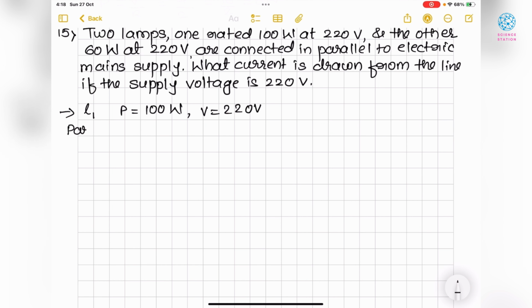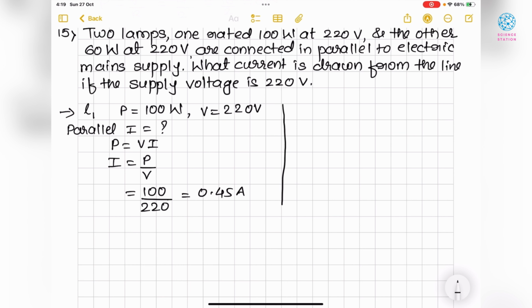So parallel, I will be equal to question mark. So P equal to VI. So I equal to P by V. So that is 100 upon 220. So that is 0.45 ampere.